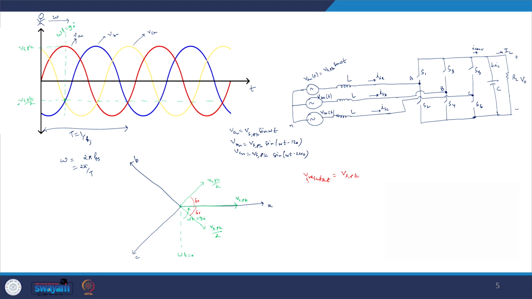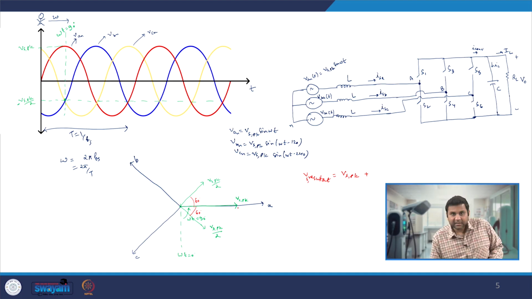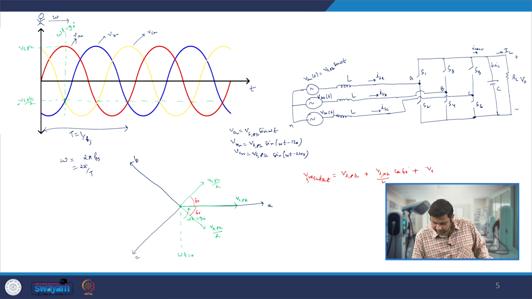So it is Vs peak plus the component of this in this direction. The Vs peak phasor is already in this direction, so the component on this axis will be Vs peak plus Vs peak by 2 cos 60 plus Vs peak by 2 cos 60, and that is nothing but 3 by 2 Vs peak.